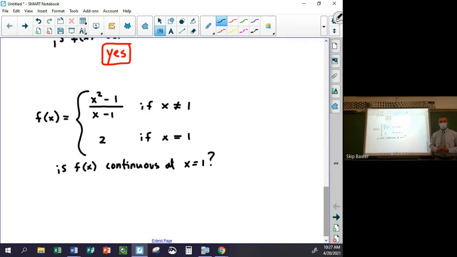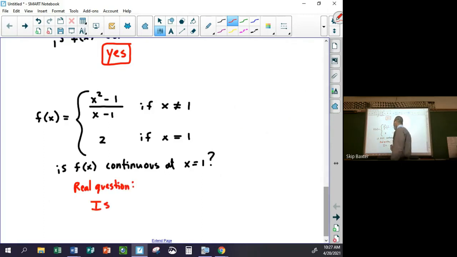If no, then the answer is no. So the real question here is, is the limit as x goes to 1 of f of x equal to 2? Does everybody see how answering this question is really answering this question?